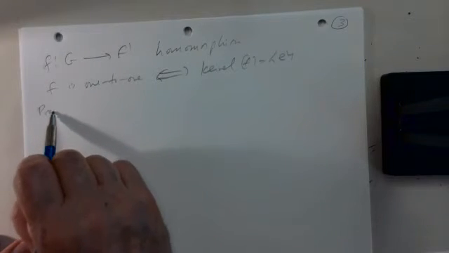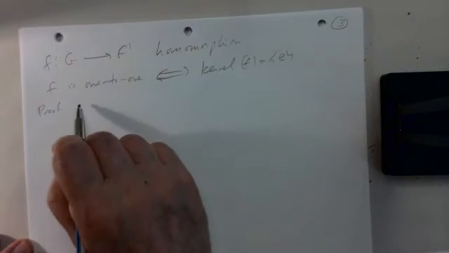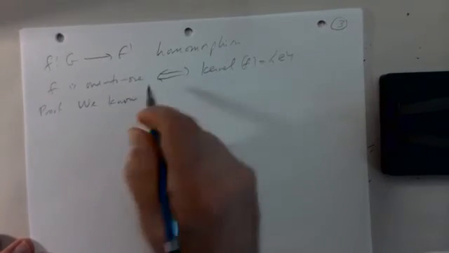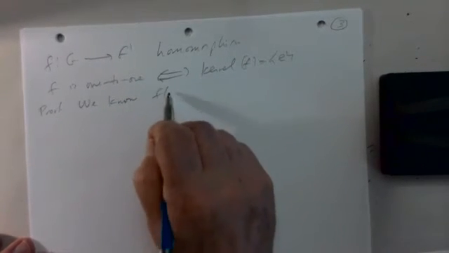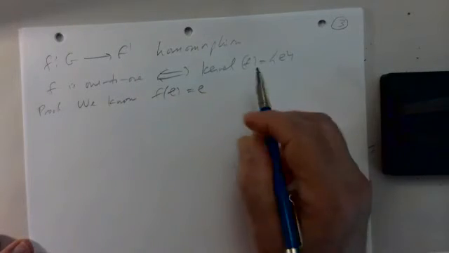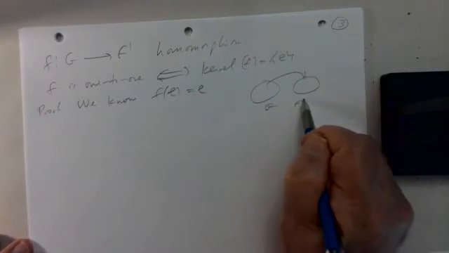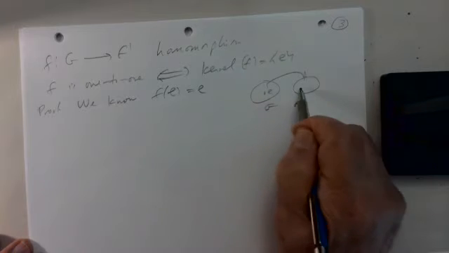The proof is as follows. We know for any homomorphism, F of the identity is the identity, right? If you're going from G to G prime, the identity gets mapped to the identity. So far so good, yep.